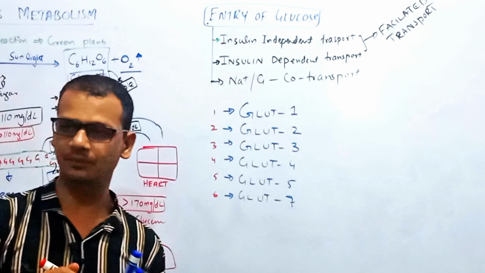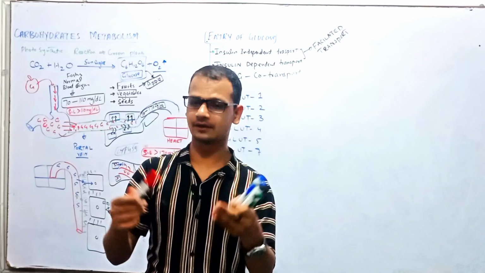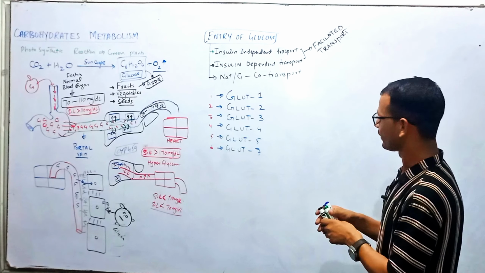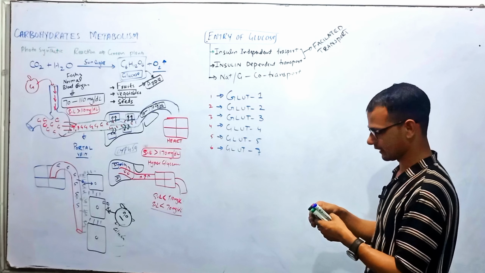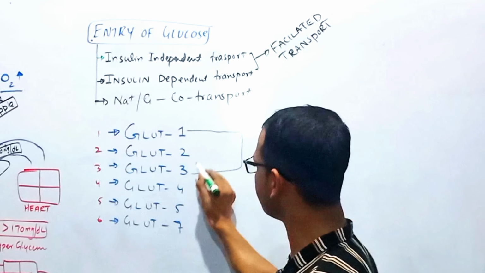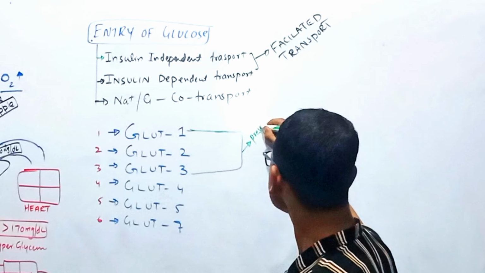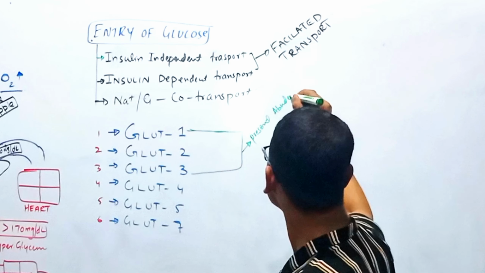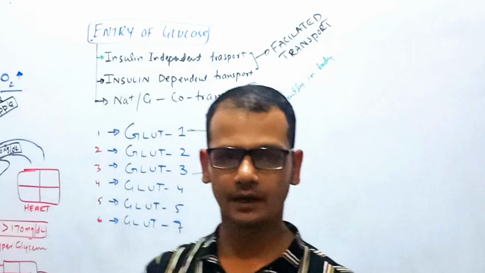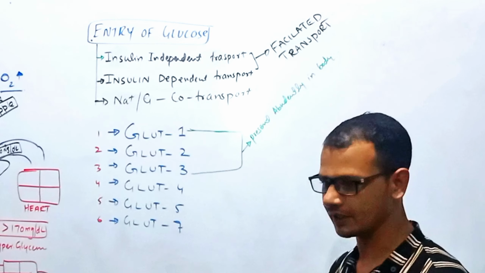Different Glut receptors are present in different areas. Different cells need different Glut receptors. For example, Glut 1 and 3. Remember, Glut 1 and 3. These two are present abundantly in the body. All over the body, the most common Glut receptors are Glut 1 and Glut 3.